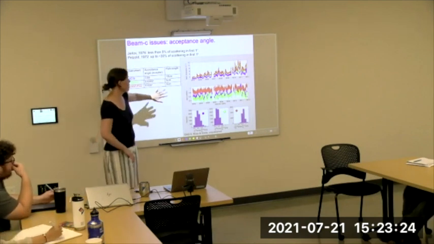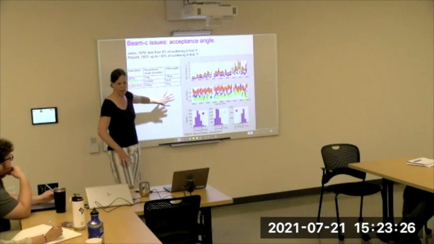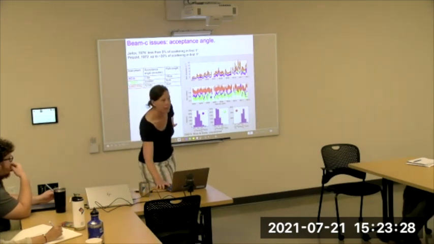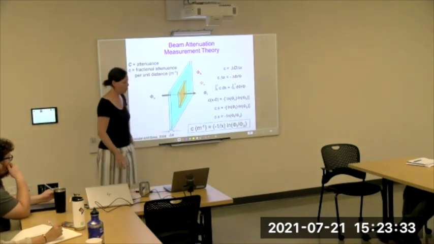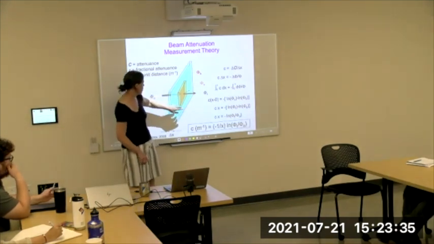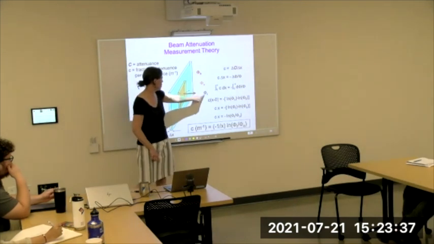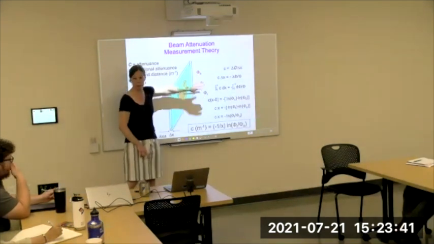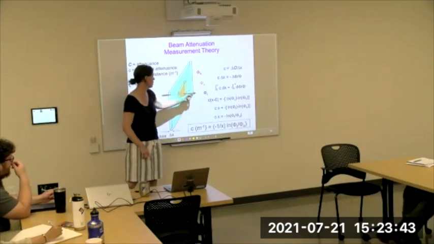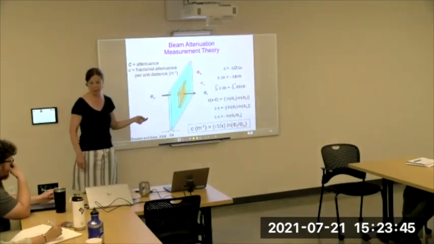So yes, well, it's not removed, it's in there. I'm going to back up and show the equation again. Okay. So our beam attenuation coefficient is looking at what's transmitted, right? We're not thinking about what's been absorbed or scattered. It's just what's measured, what's transmitted.